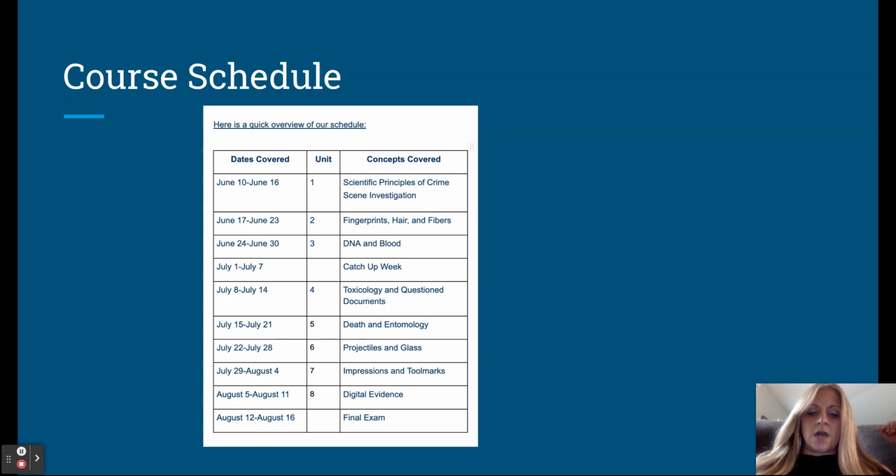We're going to be looking at toxicology and even documents, like whether or not a document is actually legit. We'll determine the time of death, and entomology is basically insects, and how insects take over after something dies. We use that information to determine time of death.